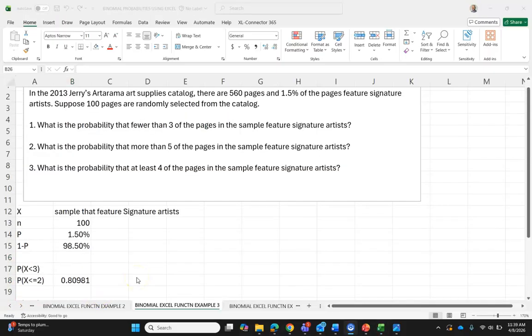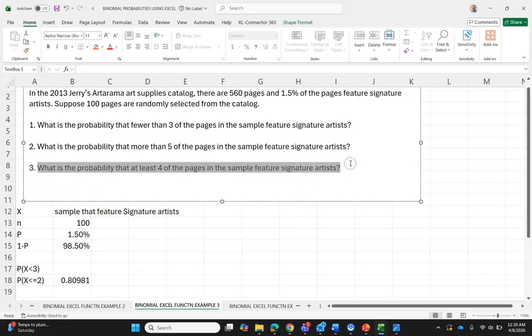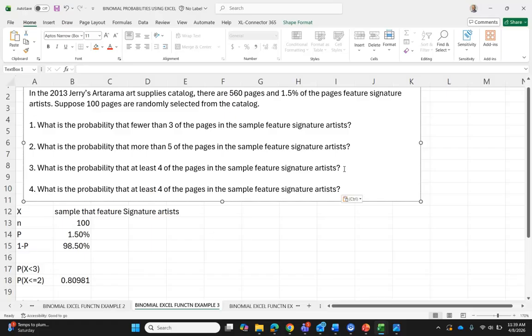I'm going to add one more question here. Let me copy this question, and let me have question number 4. It says, what is the probability that between 2 and 4 of the pages in the sample feature the signature artist?